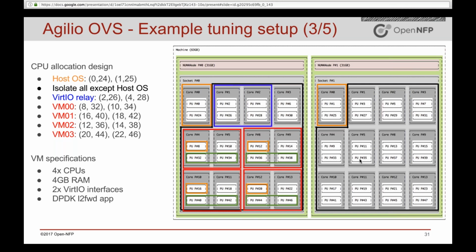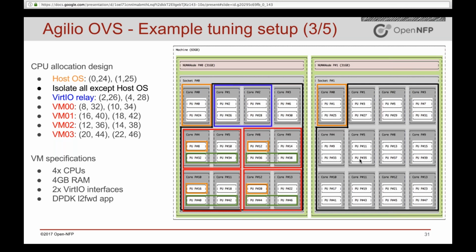So in this slide, again, we've got the same topology that's been exported using the lstopo command, and we've highlighted the different portions again with some more details in this case. So for the CPU allocation design, we've given for the host operating system the CPUs 0 and 24, which I've indicated together as they are part of the physical core and are hyperthread partners, and CPUs 1 and 25.